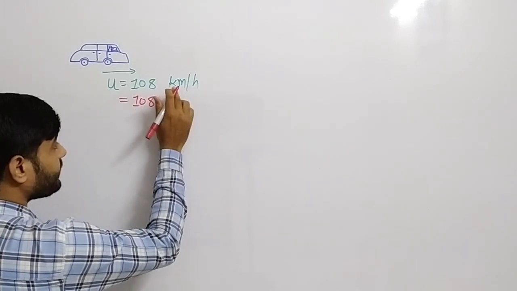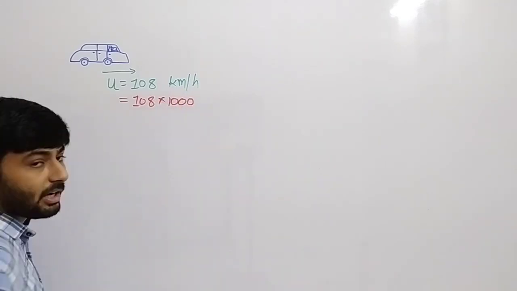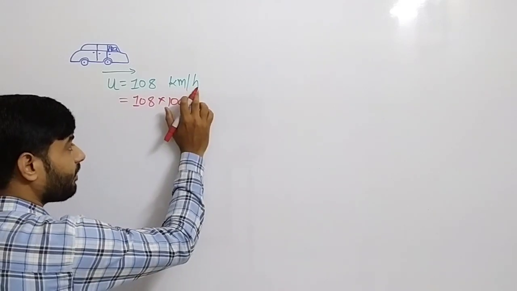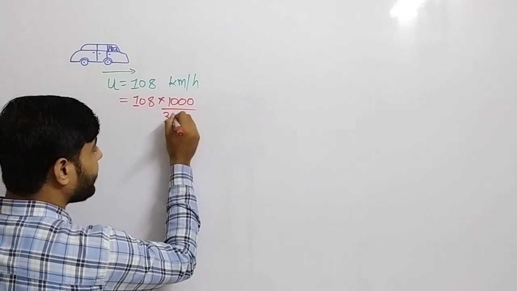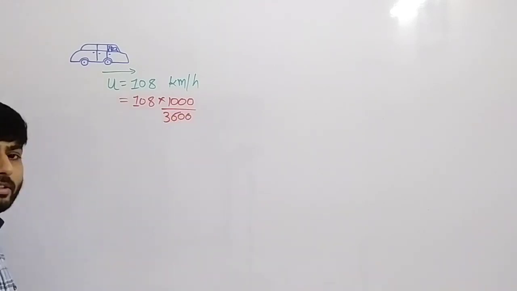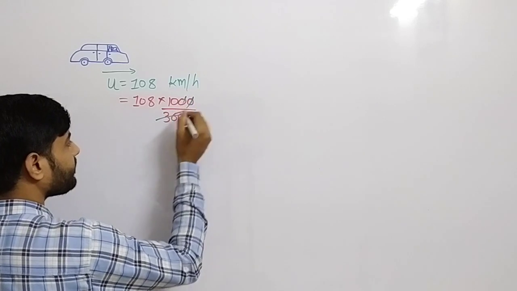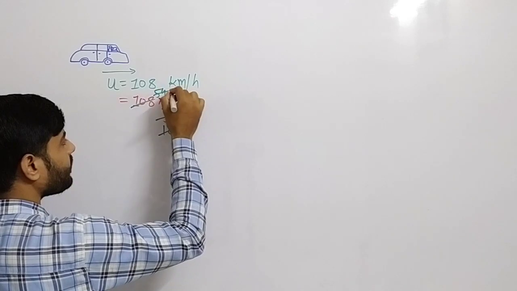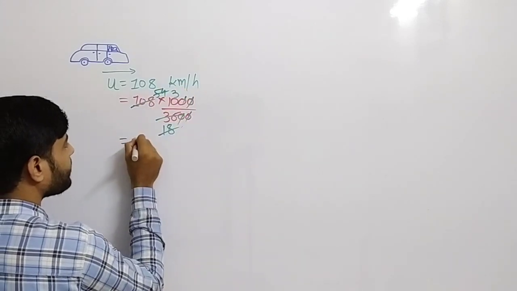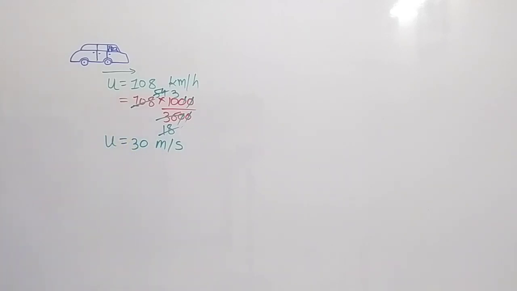To convert kilometer into meter, I have to multiply by 1000, and to convert hour into second, I have to multiply in the denominator by 3600. So this will cancel, and I got 30 meter per second as u.